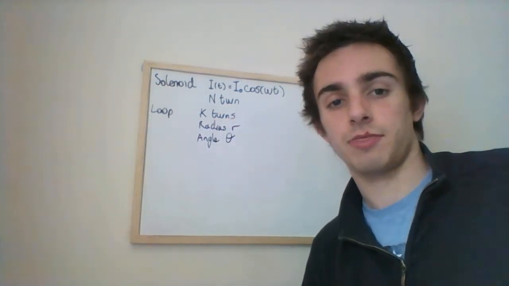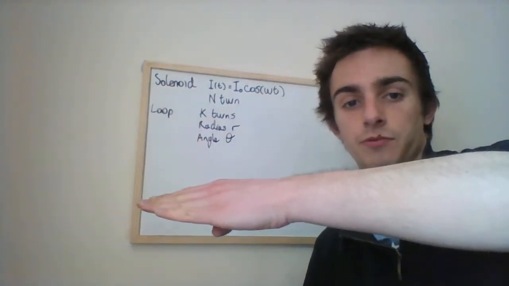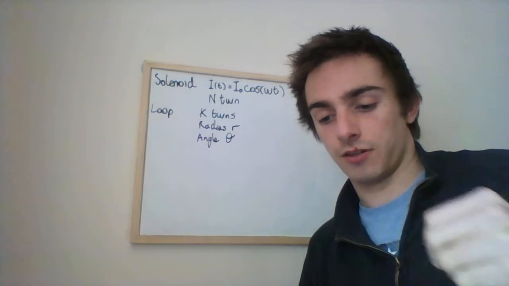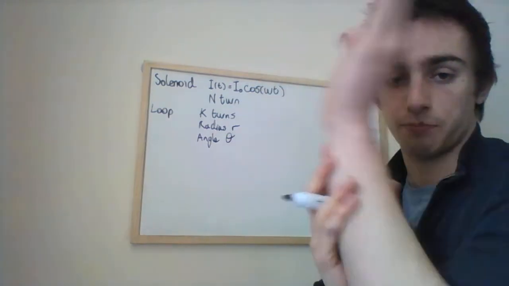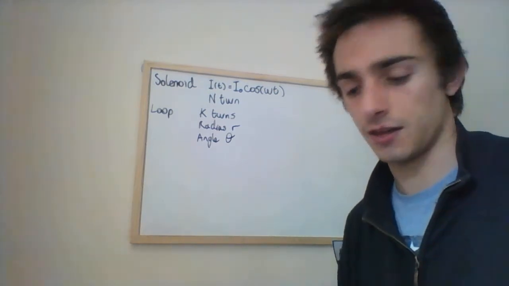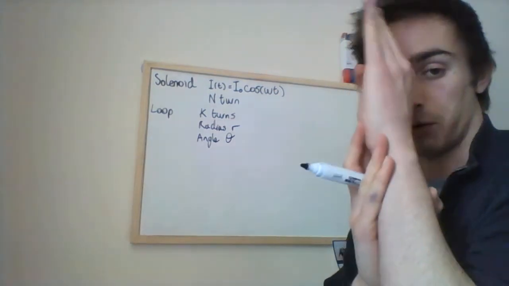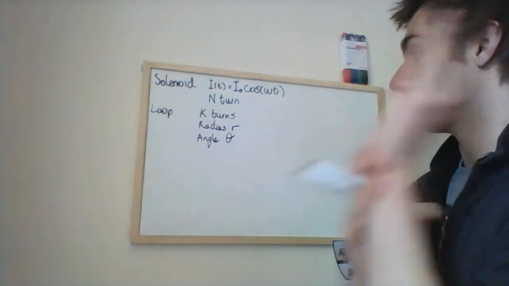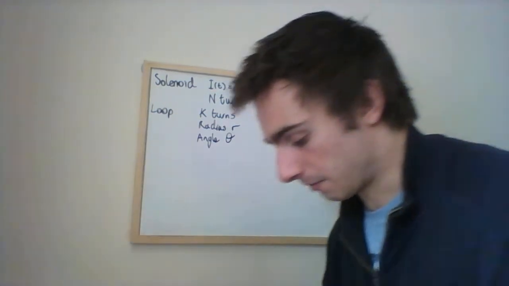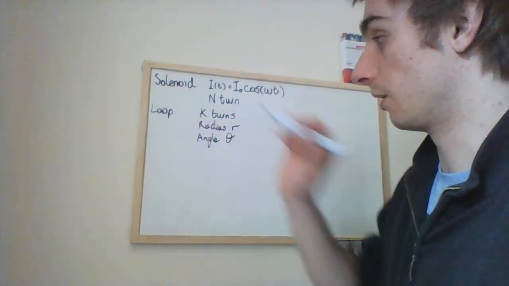So it's important because if the magnetic field lines from the loop and from the solenoid are parallel to each other, you won't get any current induced. You've got to have them being perpendicular for your maximum. So that'll come up in a wee minute. So we want to find the current induced into the loop.